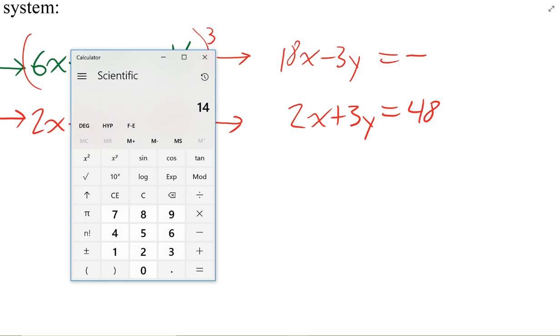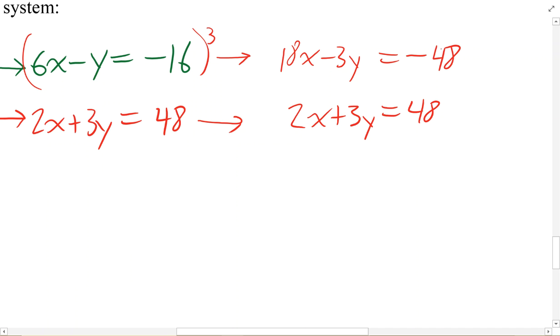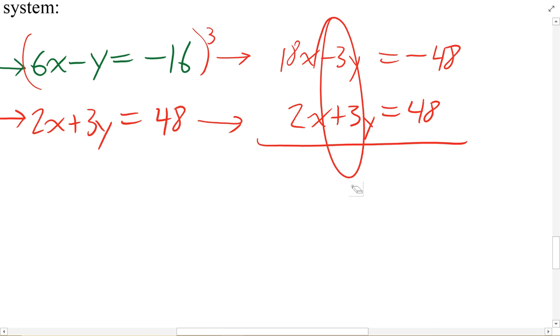Ooh, that's a tough one. 16 times 3. Oh. All right. Add or subtract? Add, right? So they're opposites, so we want to add them, and they'll get to 0, and they'll be gone.